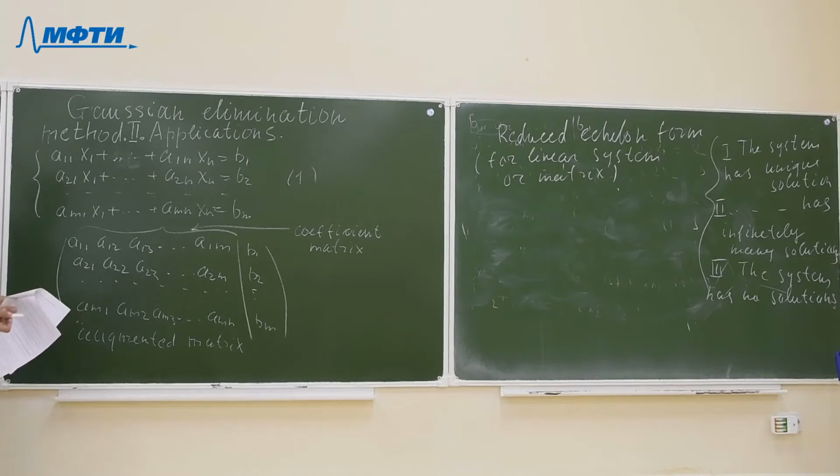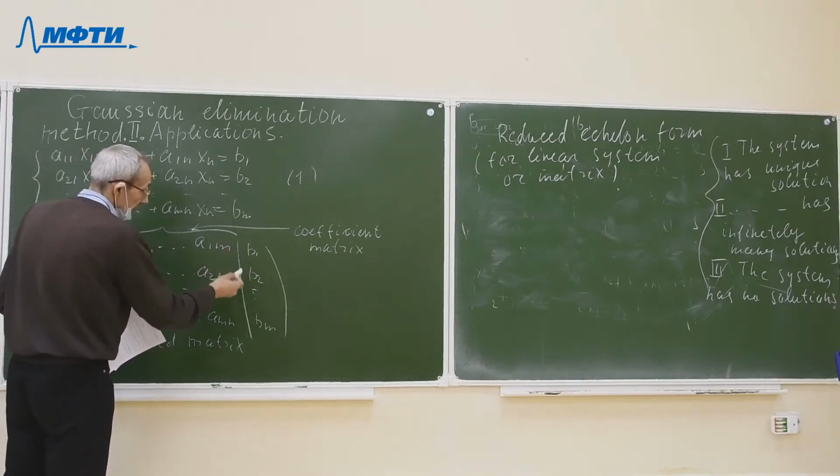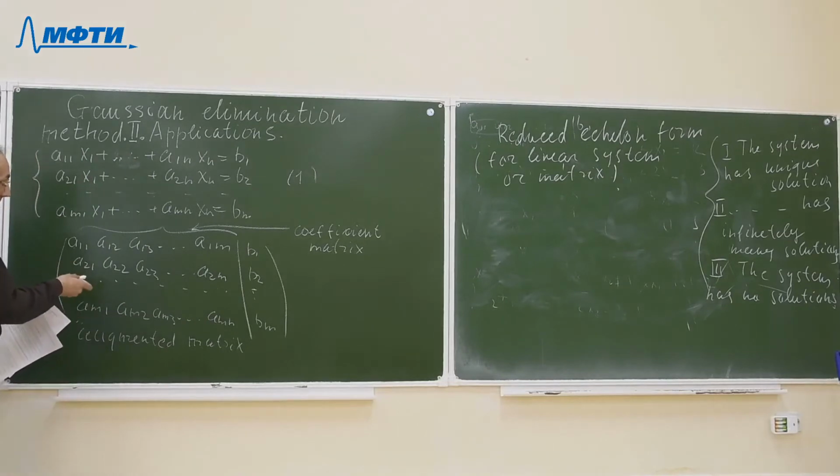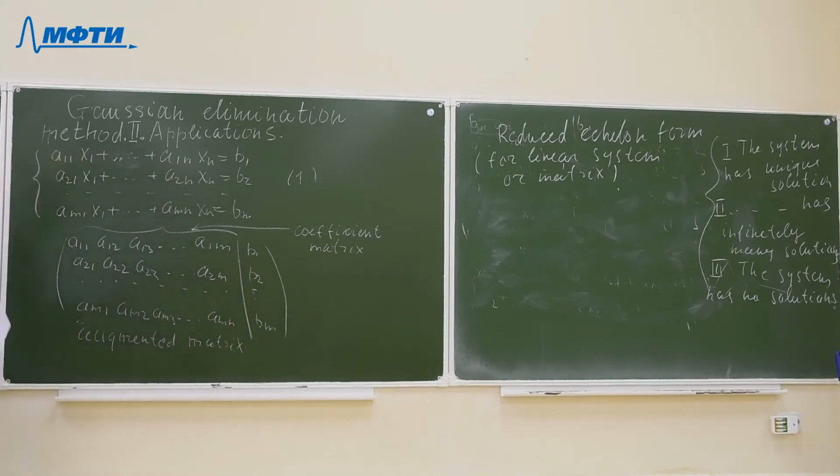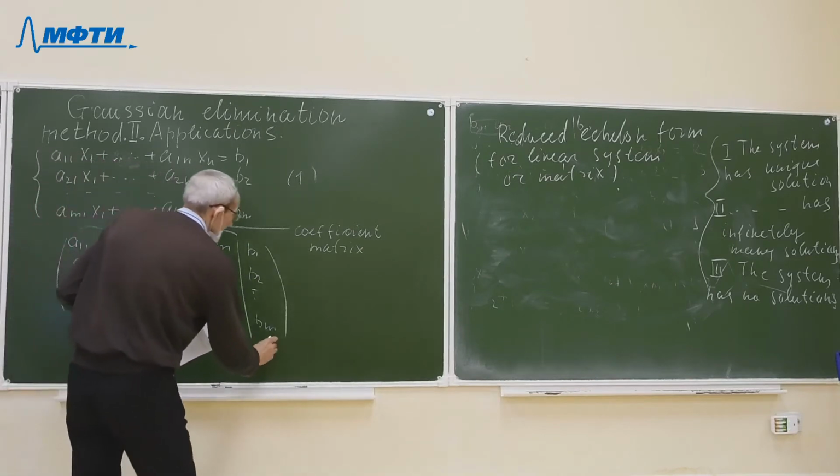This matrix is called the augmented matrix, and it also contains the constant terms. The matrix which contains only the coefficients of the linear equations is called the coefficient matrix. And the matrix column which contains only the constant terms is called the constant matrix.